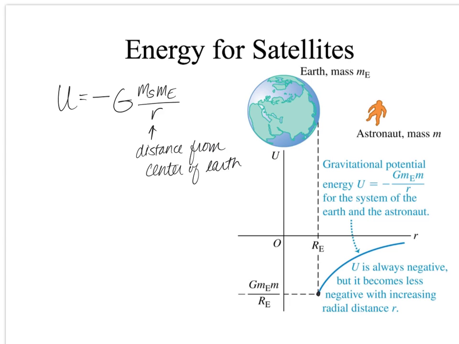Some things we notice about the potential energy is that it's negative, and that might be uncomfortable, but that's okay. That is something that we want to remember for next semester, because it actually represents the fact that the force that it is associated with is an attractive force. And so that negative sign actually means something.